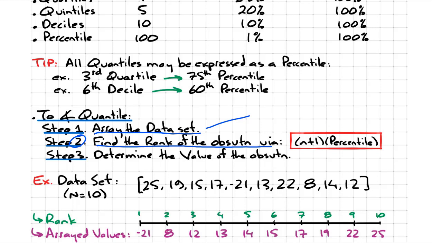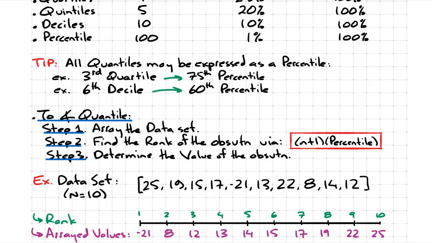It's really just n plus 1, the number of observations plus 1, times the percentile. And that's the tip that I was referring to. We're going to express everything in terms of percentiles. And then once we've identified the rank of that particular quantile, we can determine what its value is.